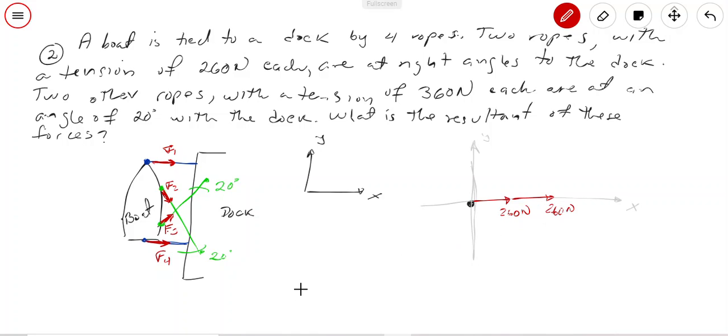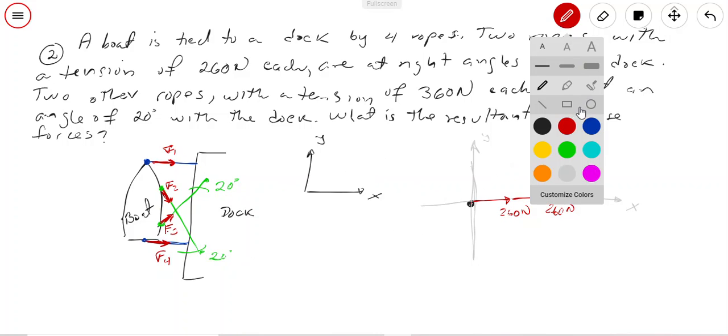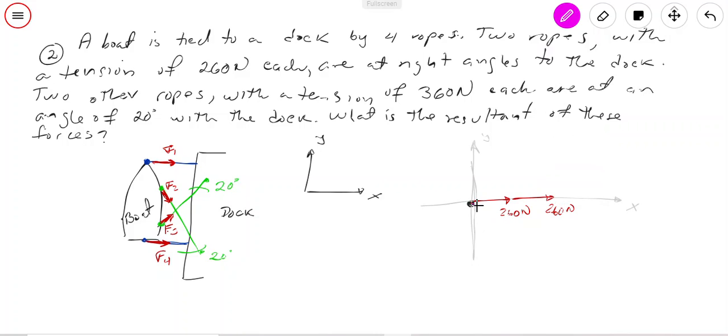And now we have a force here, that is force F2. Let me use a color for these other forces. The force F2 is making an angle of 20 degrees with respect to the vertical, and has a magnitude of 360 newtons.